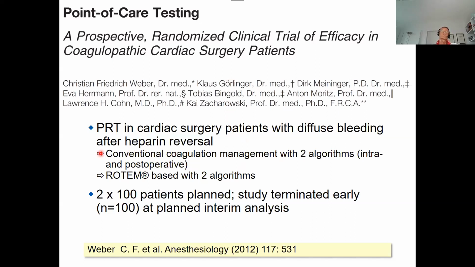One group was conventional coagulation management with 2 algorithms, intra and postoperatively, and the other was an algorithm based on ROTEM and coagulation factors. They wanted to include 2 times 100 patients, but then in an interim analysis, the study was terminated early after 2 times 50 patients, total 100, at the planned interim analysis.